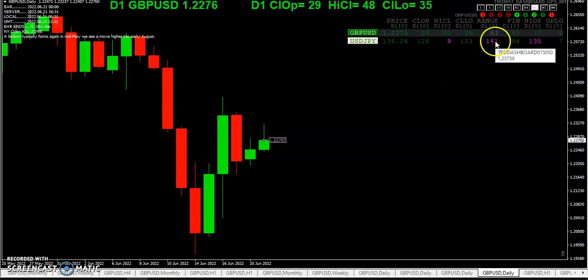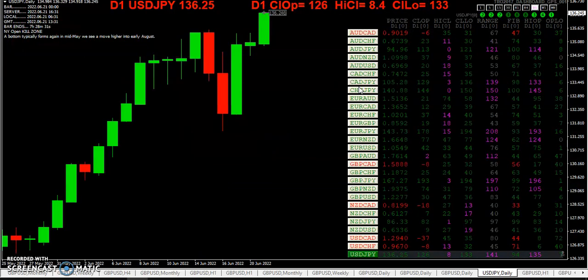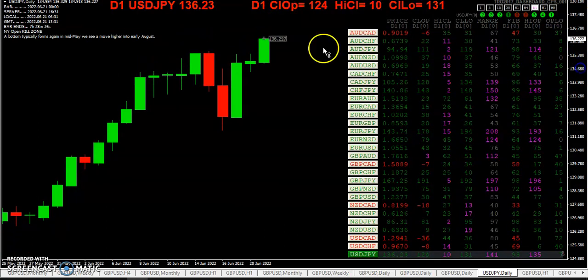Range, we've got the yen over 141 pips. In fact, the yen really went crazy overnight. Oh, there we go. You can see right there, yen 141 pips, broke out yesterday's high and kept going.